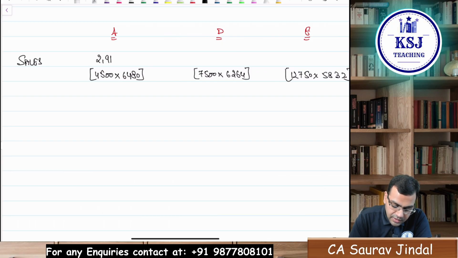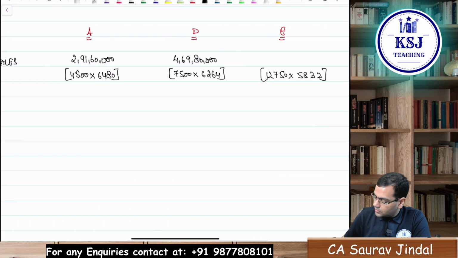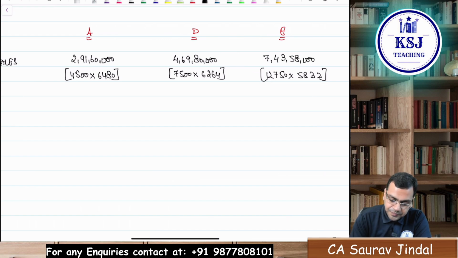Next is 7,500 multiplied by 6,264, that comes to 4 crore 69 lakh 80,000. And the last one is 12,750 multiplied by 5,832, that comes to 7 crore 43 lakh 58,000. So these are the values that we are getting.